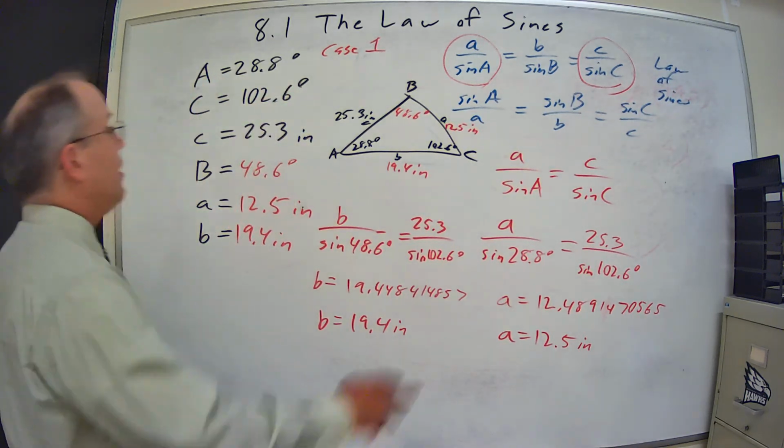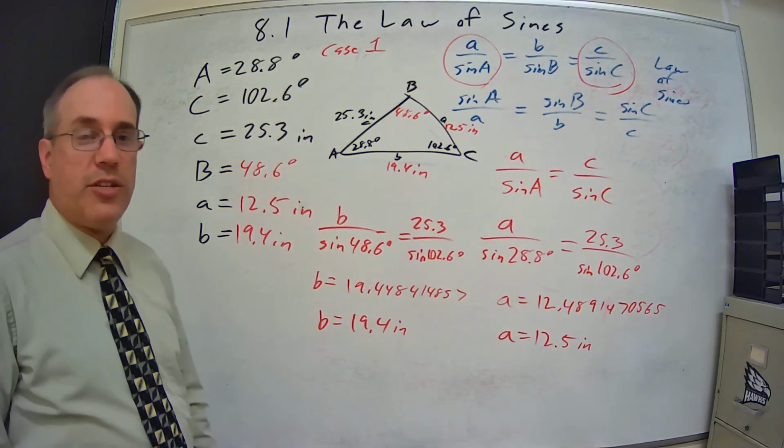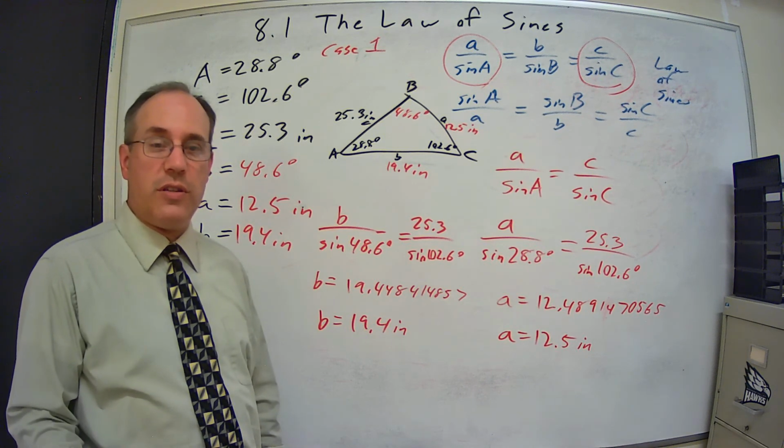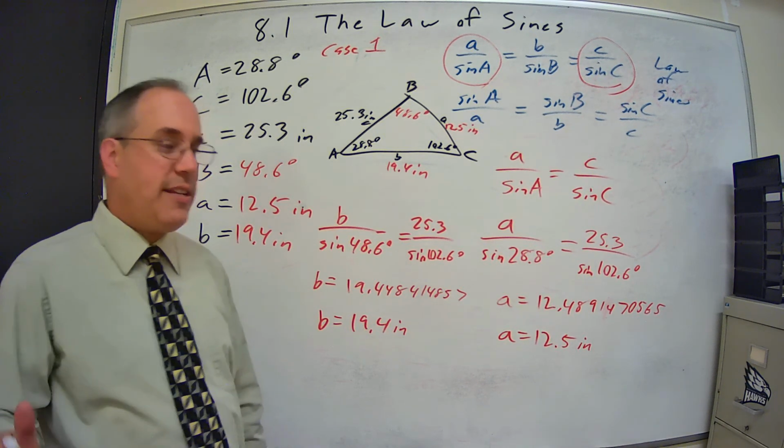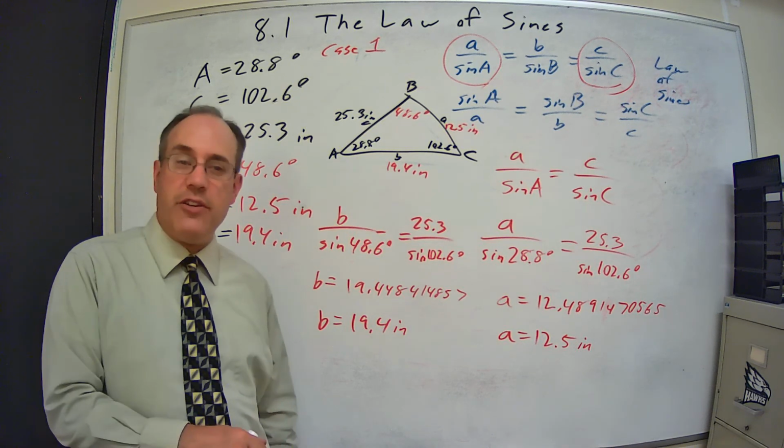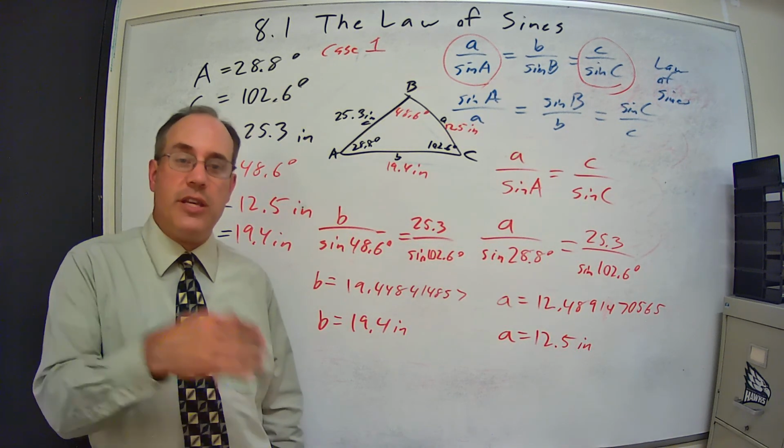So there we go. That is an example of case one where you have two angles and one side. Anytime you're given two angles, take advantage of that and find the other angle.